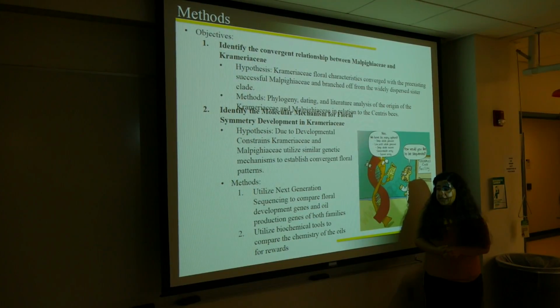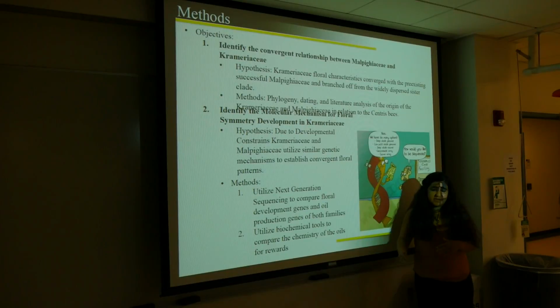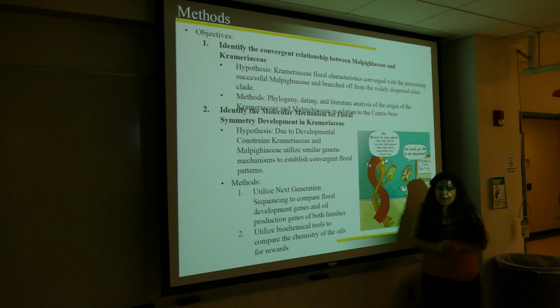So we're looking at the genes to see the genetic fundamental structure. And then we are also going to look at the product and the phenotype perspective, to see what actual lipids and chemicals are being produced through biochemical analysis, and compare it to the genes and draw a correlation between them.